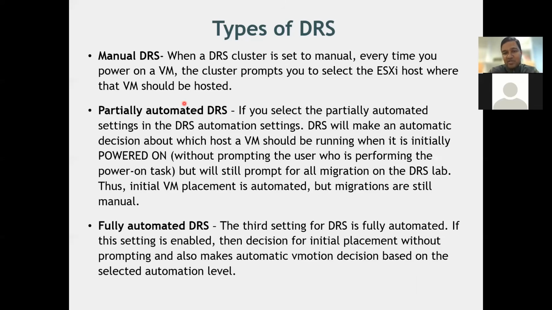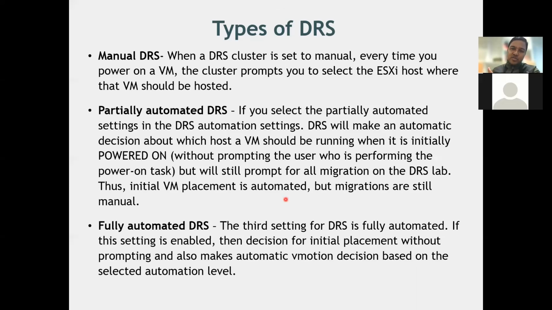Though I am in Tromsø, the Bodo ESXi host is free, so I have been placed in Bodo. But it is still going to prompt for the migrations. That means initial VM placement is automated, but migration is not.